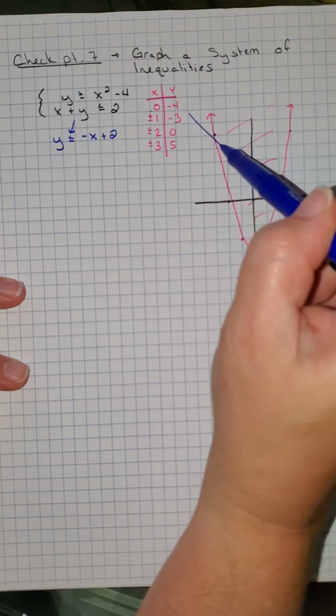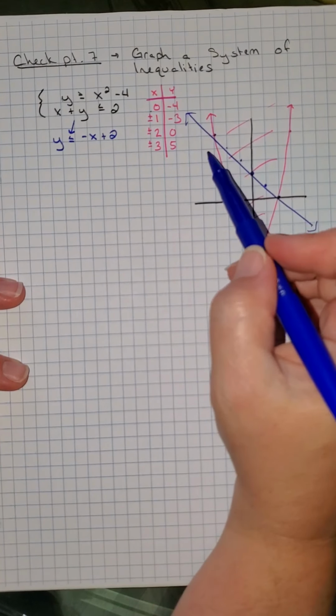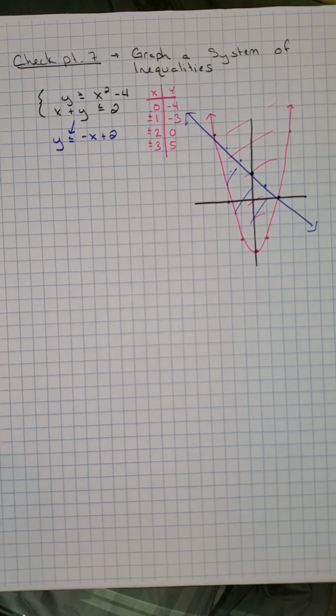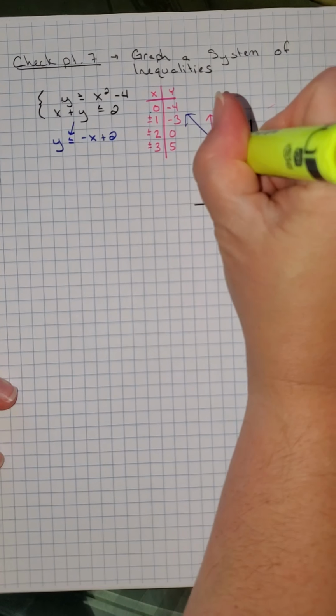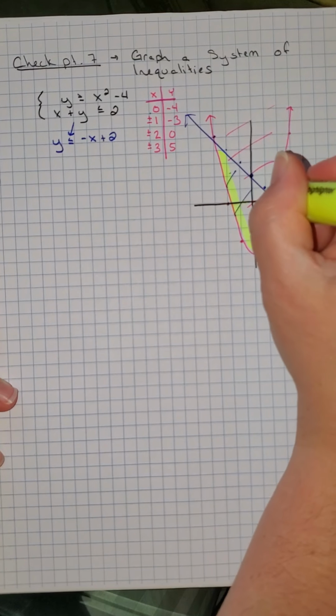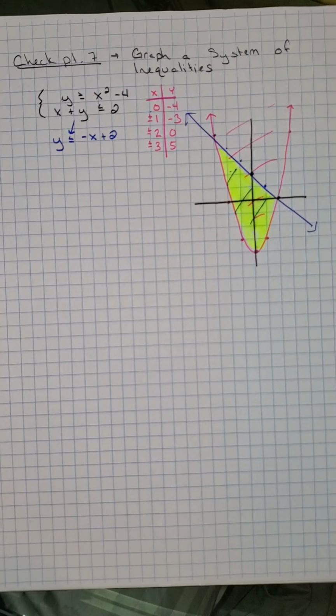So less than or equal to is solid, and shade down. So the part they would have in common is the part inside the parabola there. It kind of caps it off. So this area here is where they have it in common.